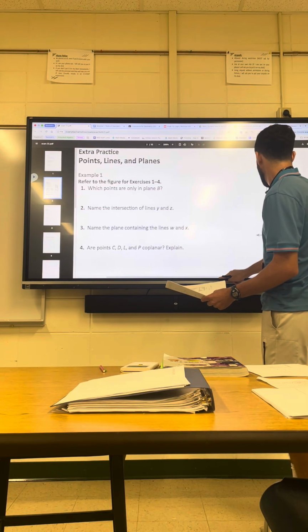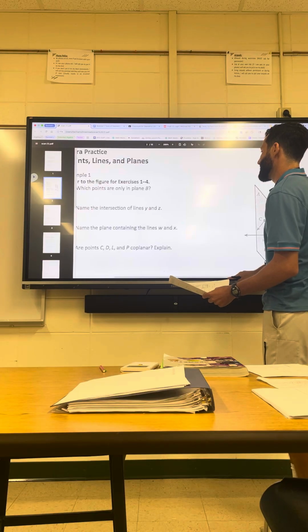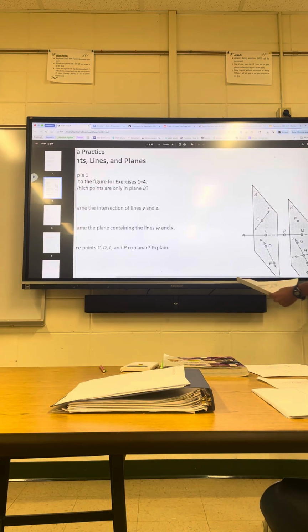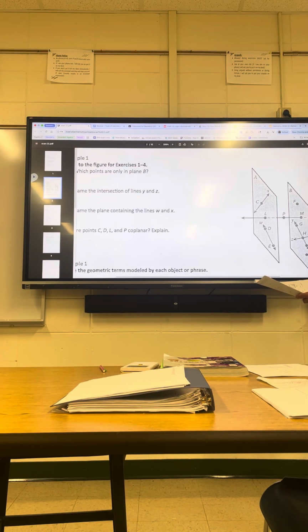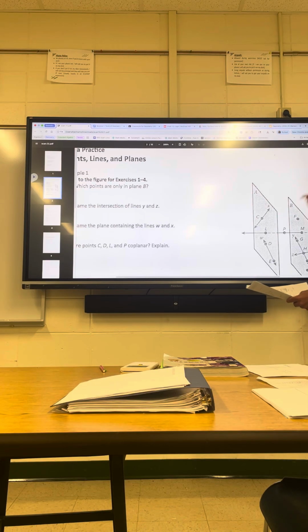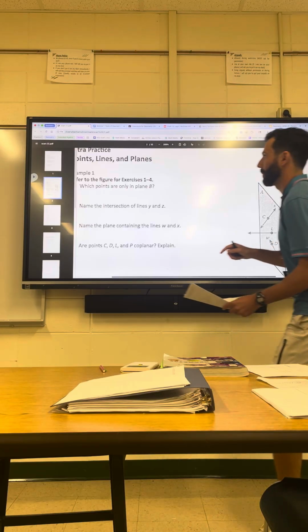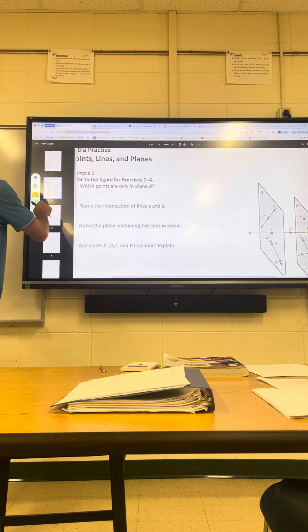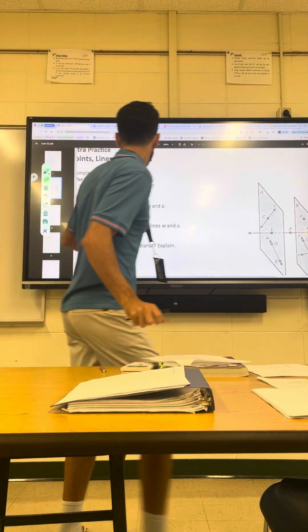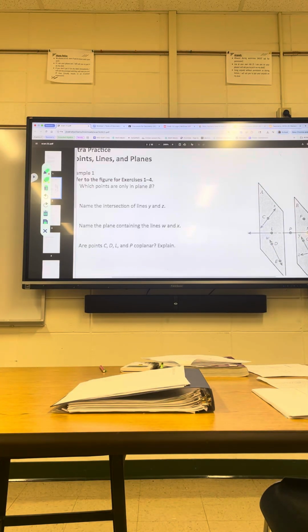Okay, move on to the next page. You have the picture with the planes over here. Problem's getting cut off just a little bit, but that's fine. Okay. Which planes are only in plane B? Plane B is over here.